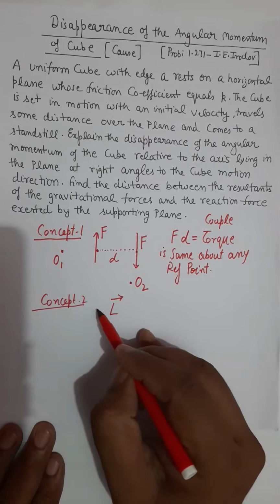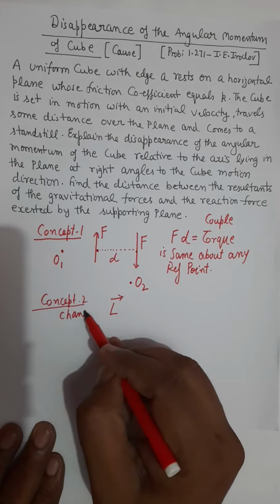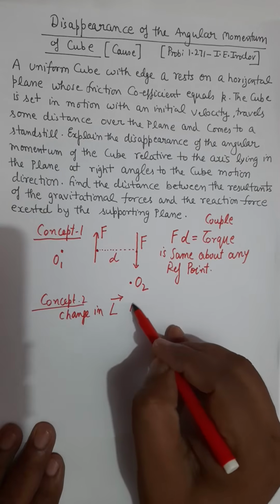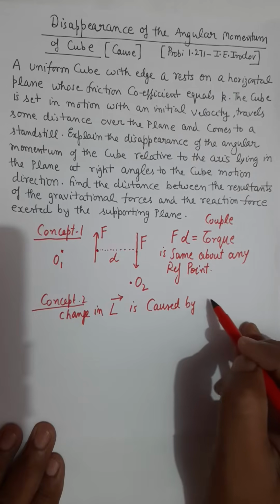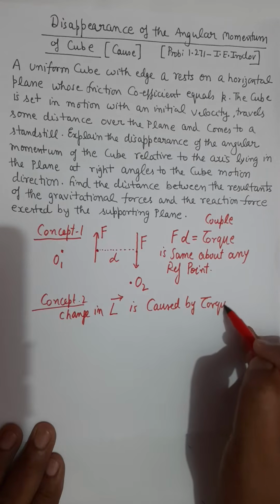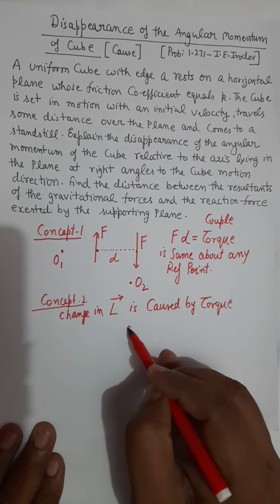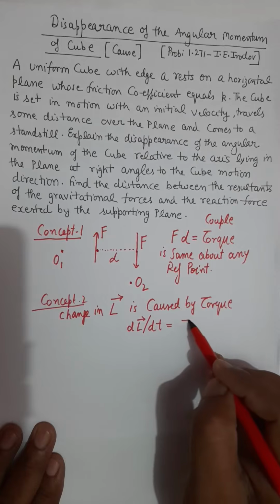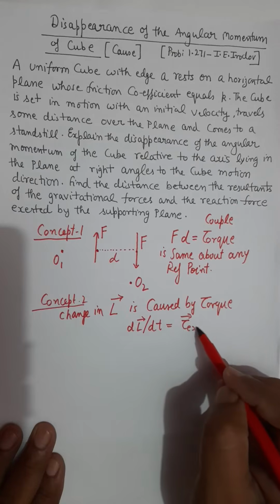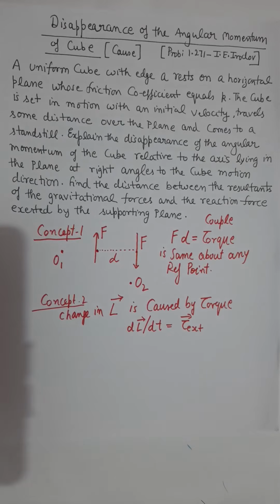So if L changes, or you can say change in the angular momentum, it is always caused by some torque, and therefore there is an equation which says the rate of change of angular momentum is equal to the torque which is externally present on the rigid body. So these are the two main concepts behind this question.